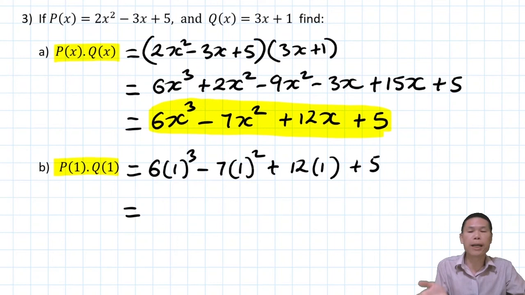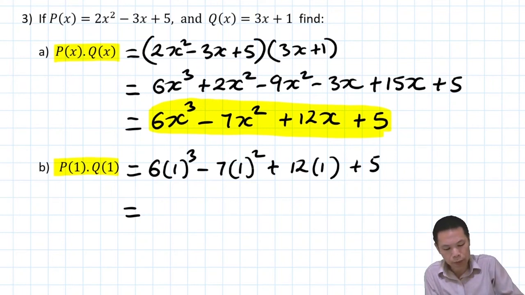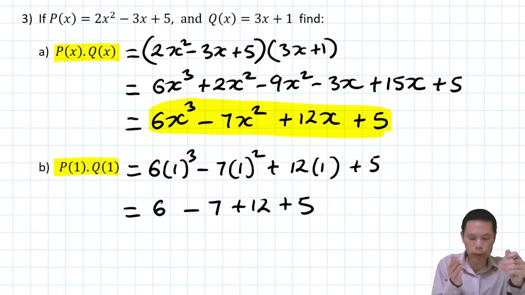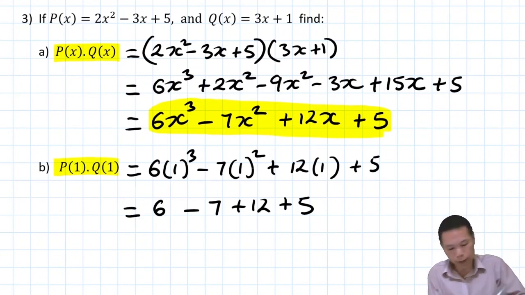Then you can just put it in a calculator and get the answer. Otherwise, 6 times 1 is 6, 7 times 1 is 7, plus 12, plus 5. Then 6 plus 12 is 18, 18 minus 7 is 11, you add another 5 is 16.